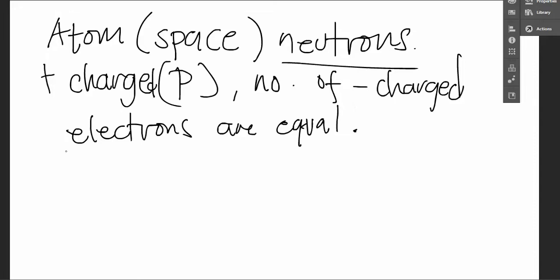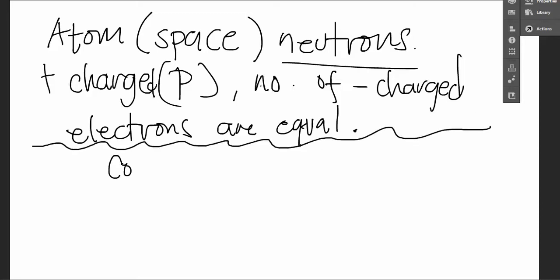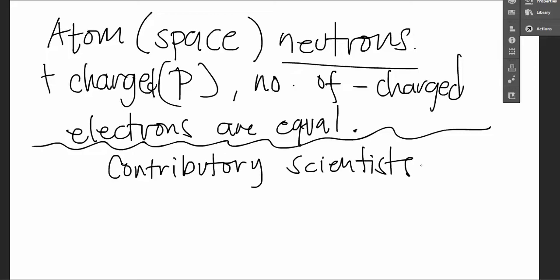Okay, so let's go to the next, which is the contributory scientists. Many of the early experts in science thought of searching for the ultimate particle of which matter is built.